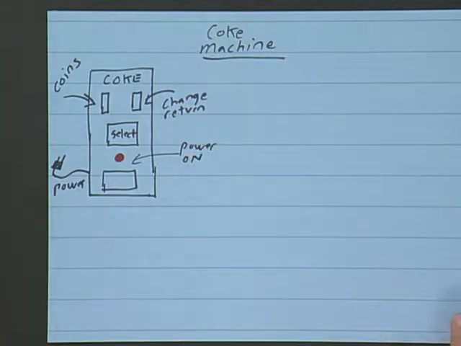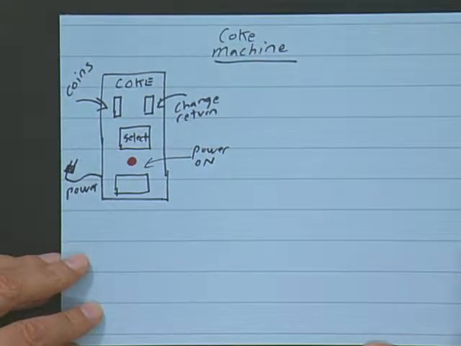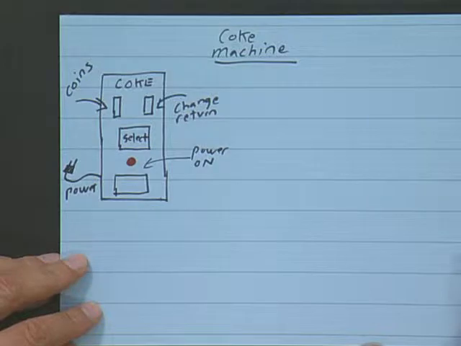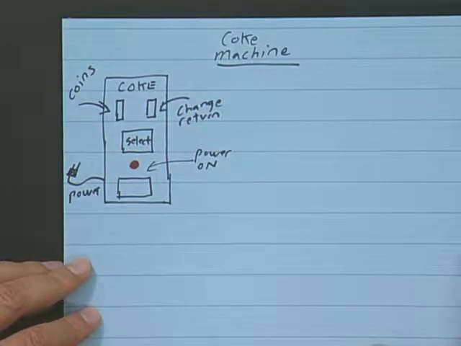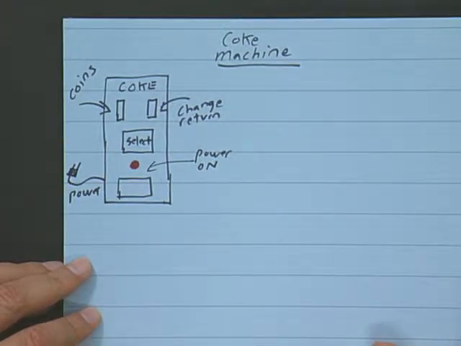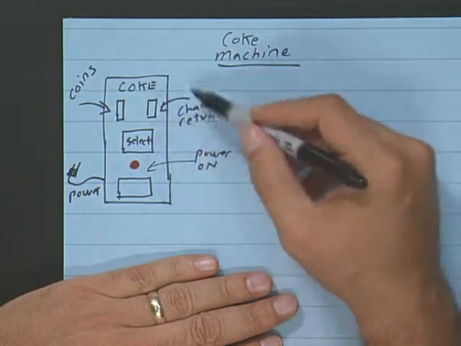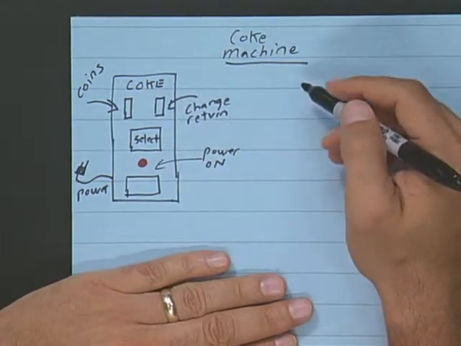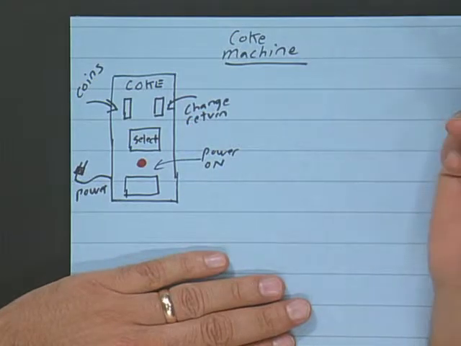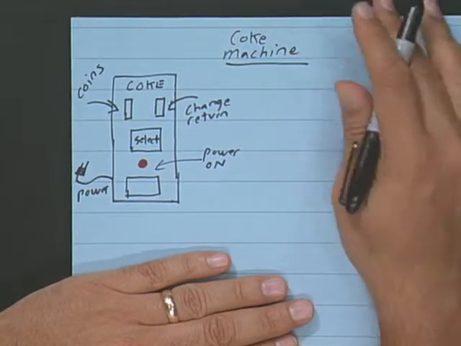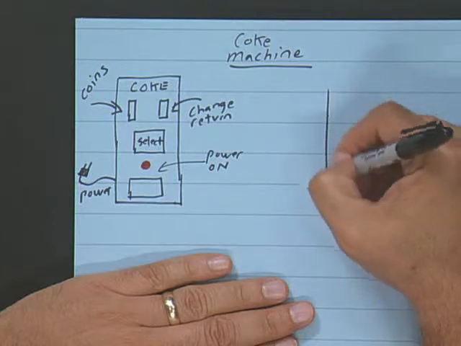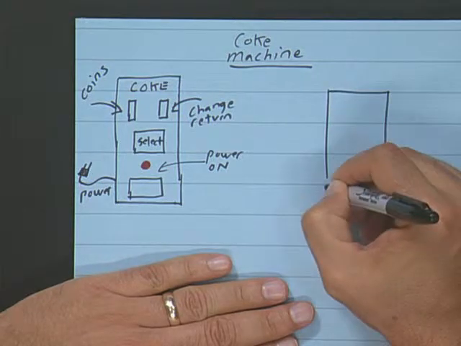So very simple machine. Now let's define the software state machine that controls this. First of all, let's draw a very simple diagram that represents the inputs and the outputs that I mentioned we needed for this machine. So what would they be?